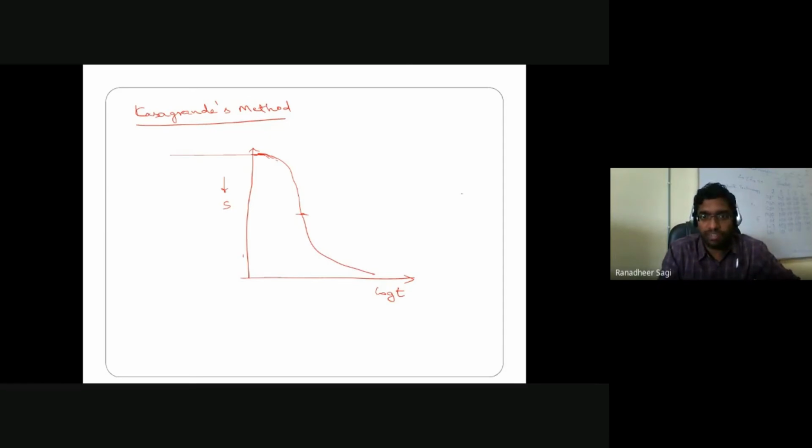Before that point, the curvature is something like this, and after that point, the curvature changes like this, where the center of the curve in this case is going to be somewhere towards this side, whereas the center of the curve in the second case would be somewhere towards this side. That is the point about which the curvature of the plotted curve changes.